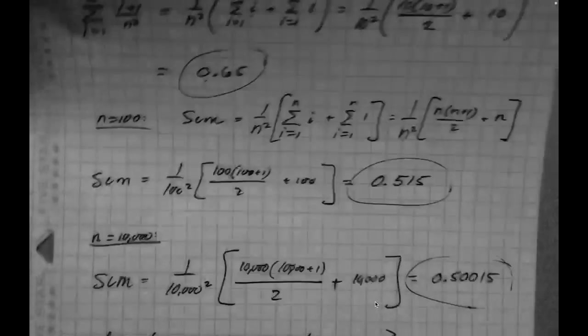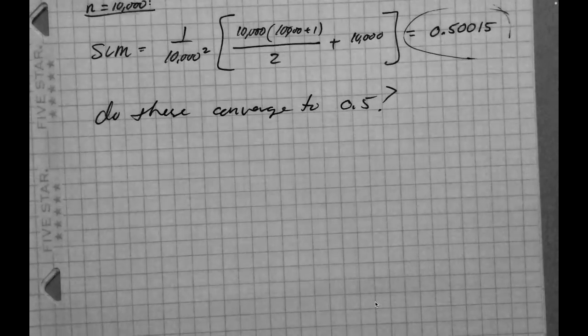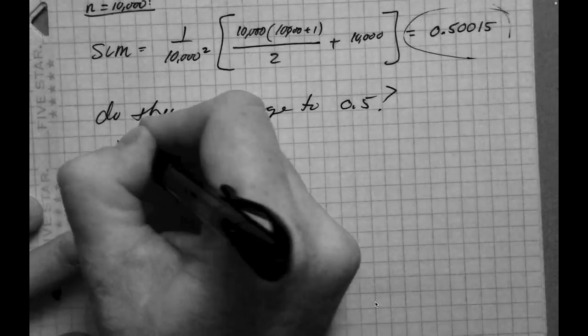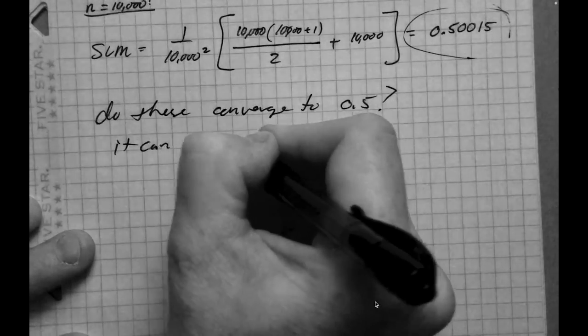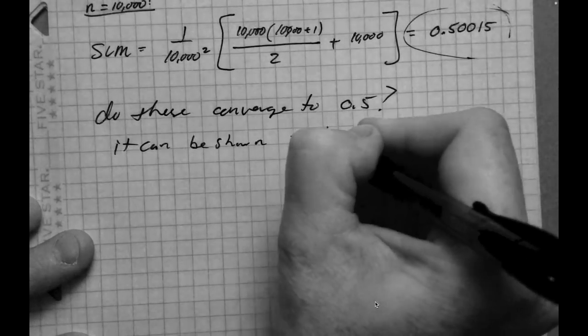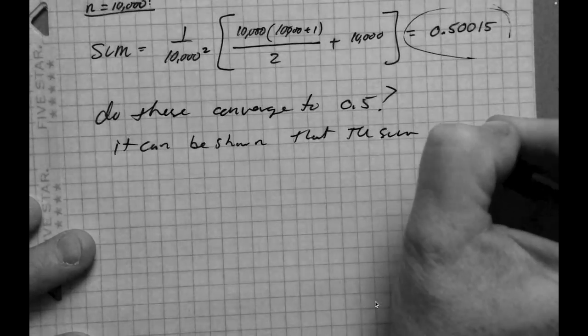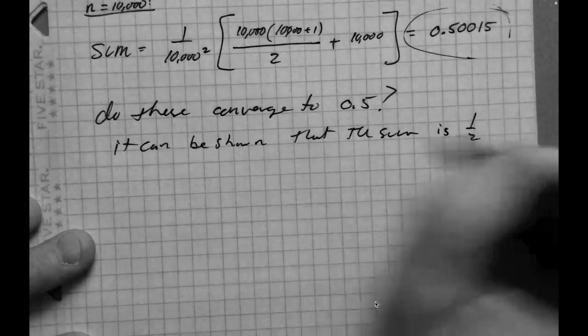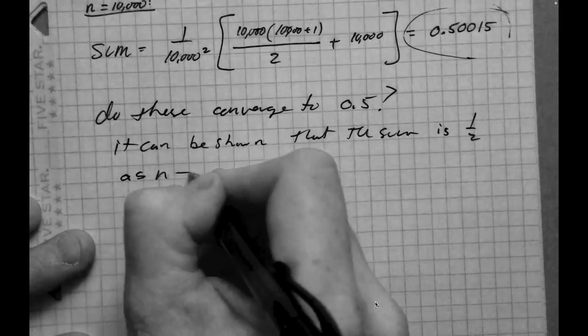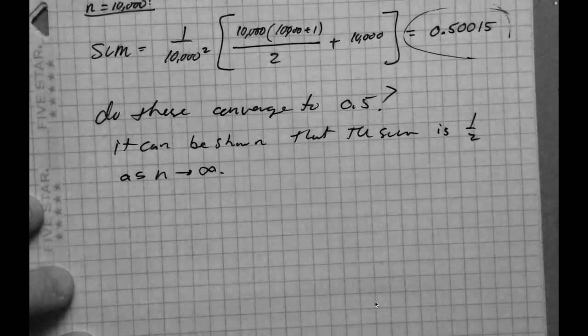Do these converge to 0.5? Well, indeed they do. It can be shown that the sum is 1/2 as n goes to infinity. It gets closer and closer to 1/2 as n goes to infinity.